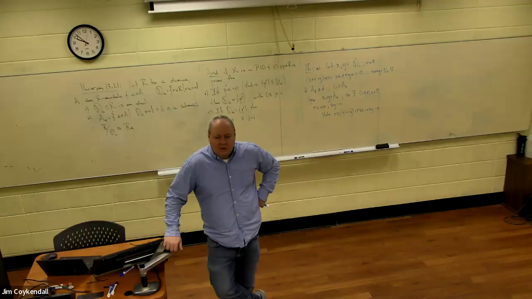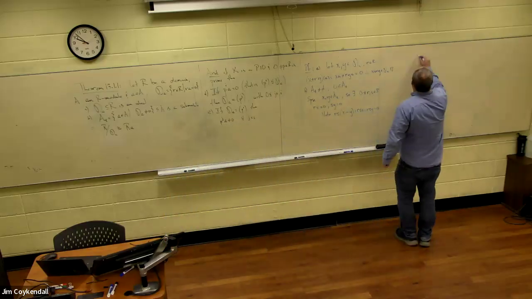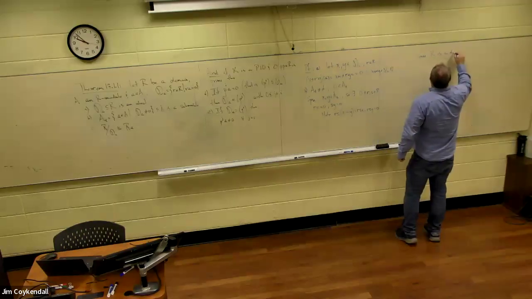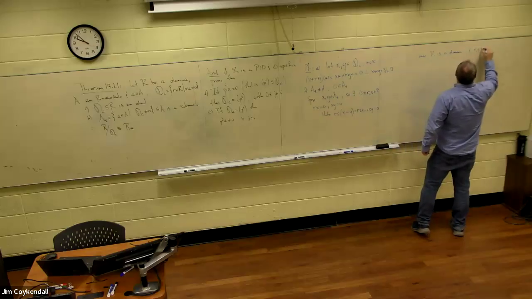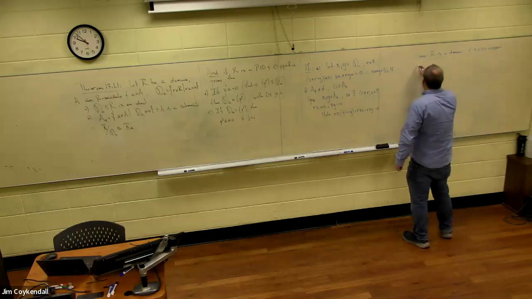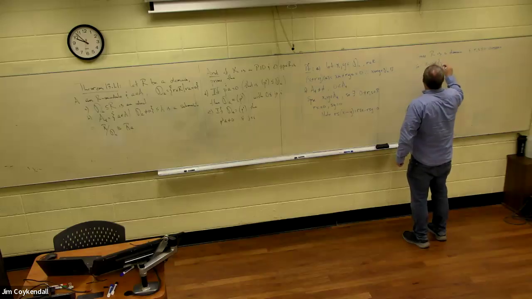What do I have to assure myself of for X minus Y to be in AT? I need RS to be non-zero. That's right. Since R is a domain and R and S are not 0, this implies RS is not 0. So X minus Y is in AT.